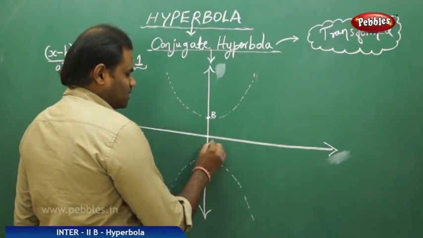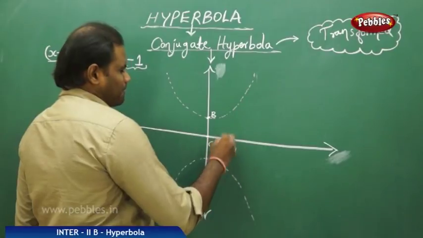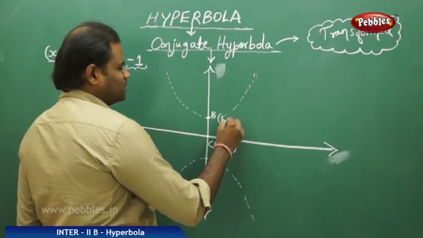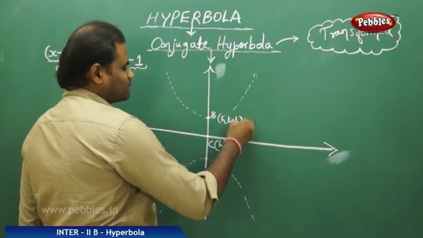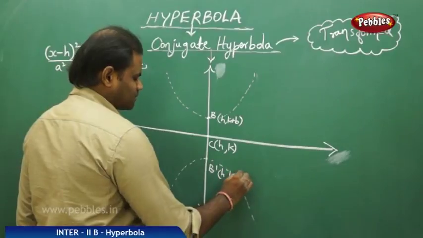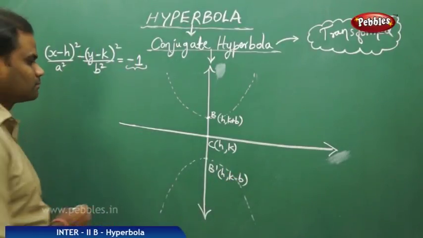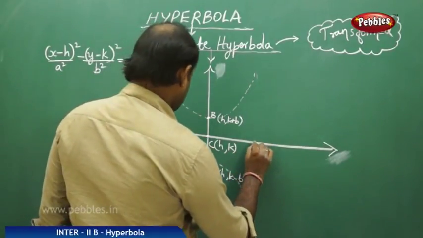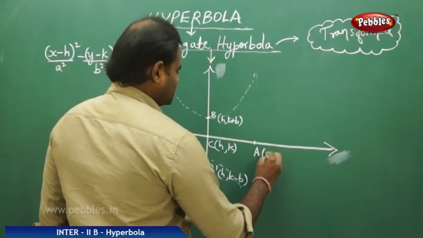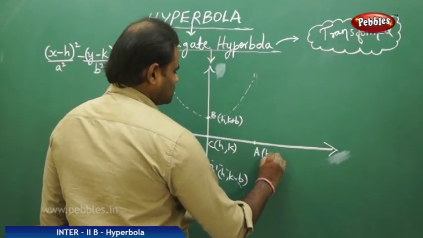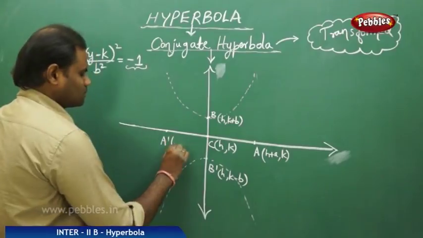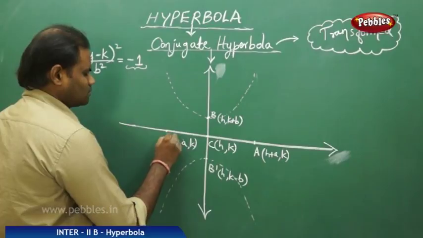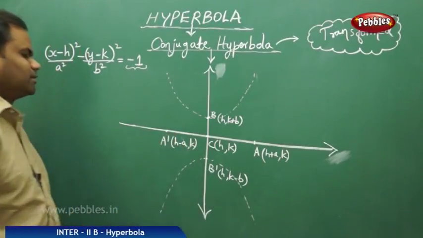Now here my center is h, k, and my coordinates of B, which is 0, b, will be h, k plus b and h, k minus b, and I have A dash and A, which is a, 0, is how we get it.